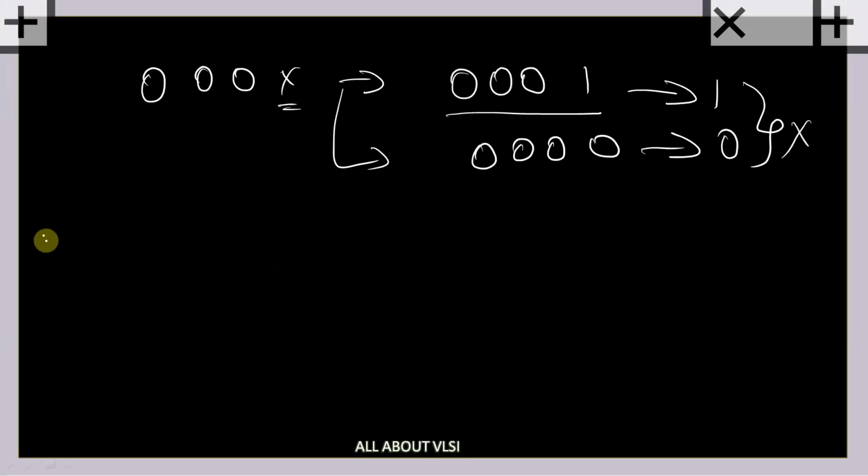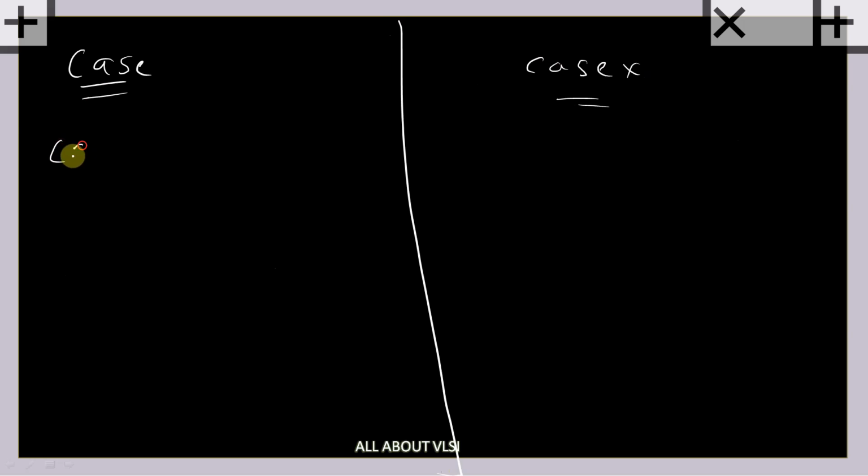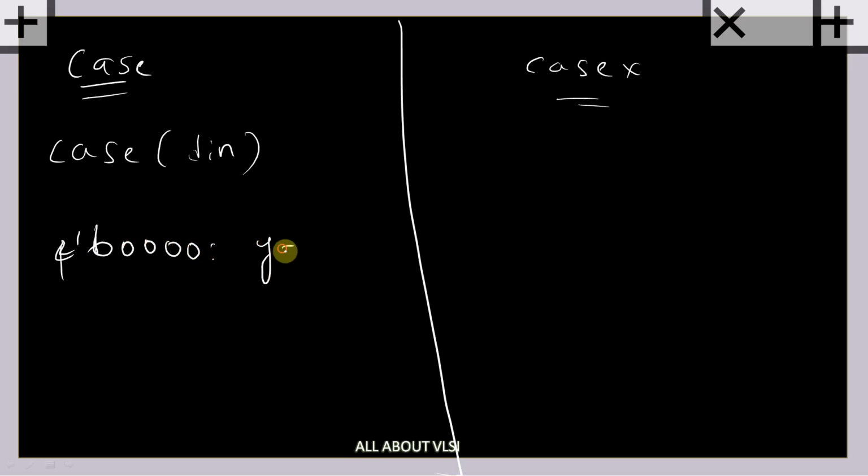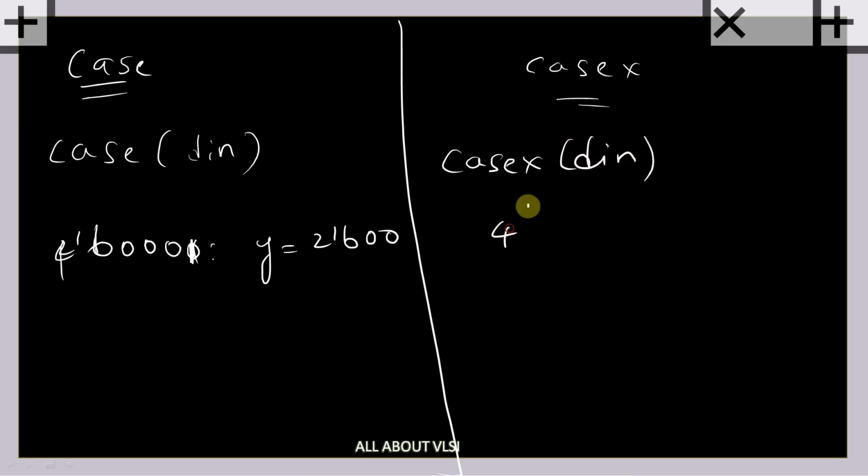So from this you can come to a conclusion that there is basically a difference between case and casex. If you are writing case of din, and you are writing 4'b0000, y is equal to 2'b00, sorry, 4'b0001, y is equal to 2'b00, and here you are writing casex din, and if it is equal to 4'b0001, then y is equal to 2'b00.